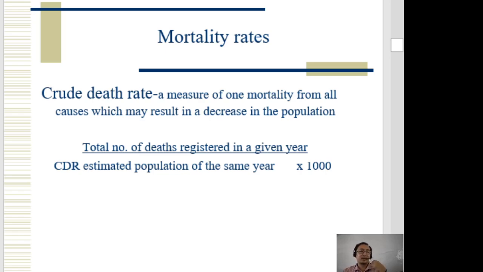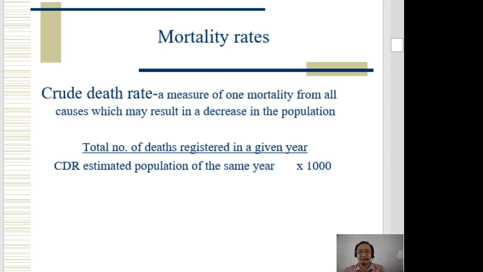Let's say there are some conditions that put a male at risk of dying compared to a woman at the same time. Ganon din, women are more at risk of dying compared to men in other cases. For example, cancer. There are cancers attributed to males and cancers attributed to females, and lifestyles attributed to males and to females. And so that is crude death rate.